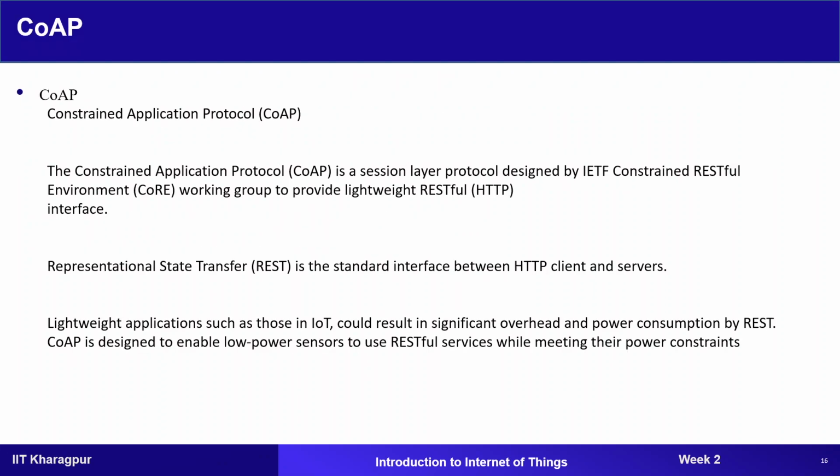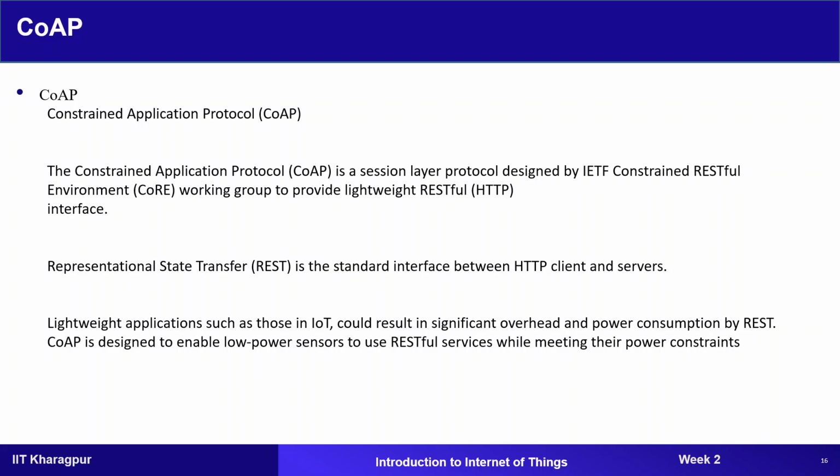Next protocol is your COAP protocol. COAP stands for Constrained Application Protocol, and it is a session layer protocol designed by the IETF Constrained RESTful Environment Working Group to provide a lightweight RESTful interface. Basically, RESTful service is very heavy, and your IoT devices are resource constrained.